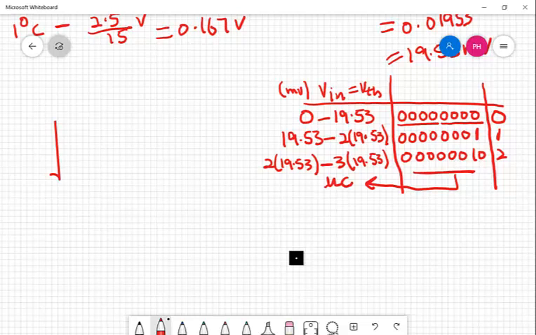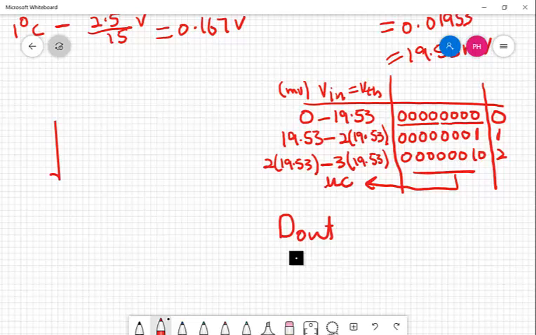So actually the output number that we are giving to our microcontroller will be equal to V in divided by 19.53, divided by the step size. When V in is 0, it will be 0. When V in equals 19.53, it will be 1.